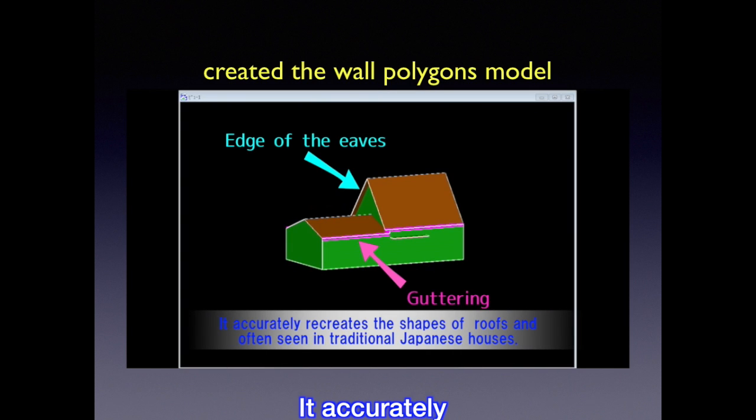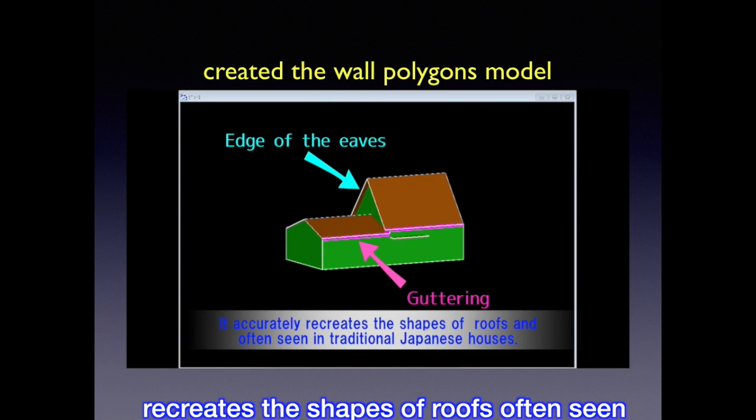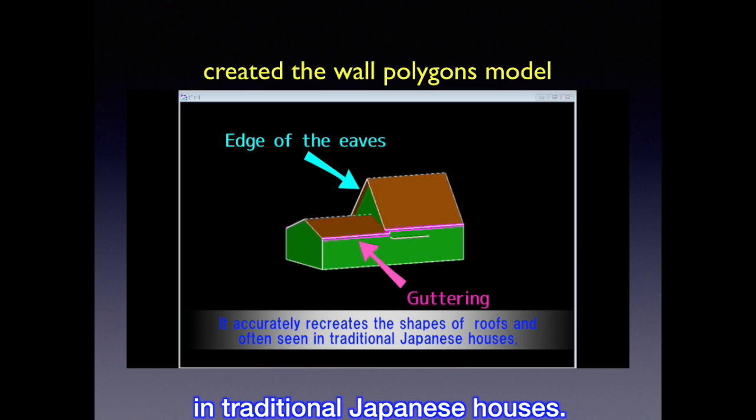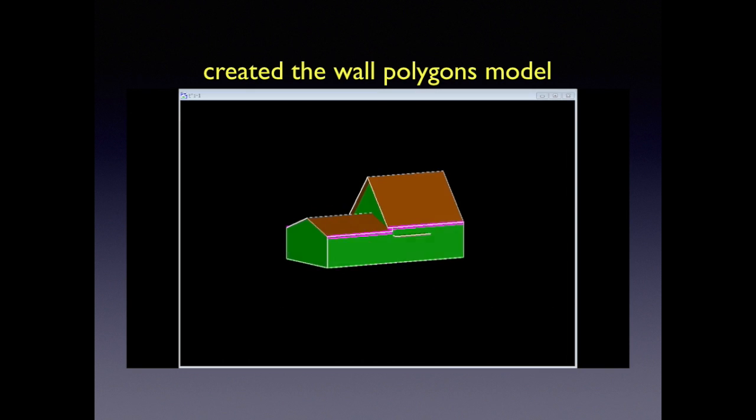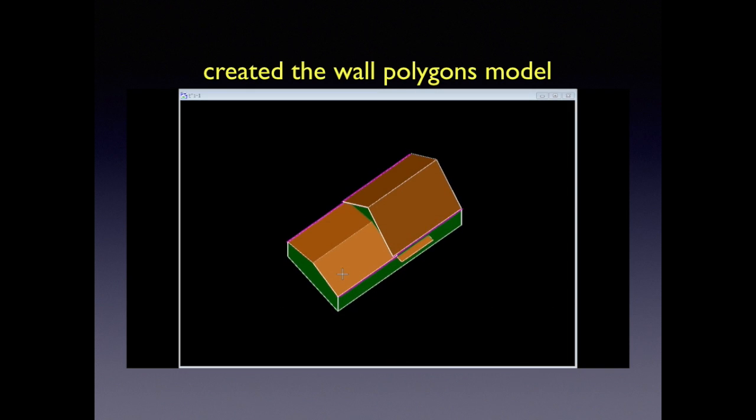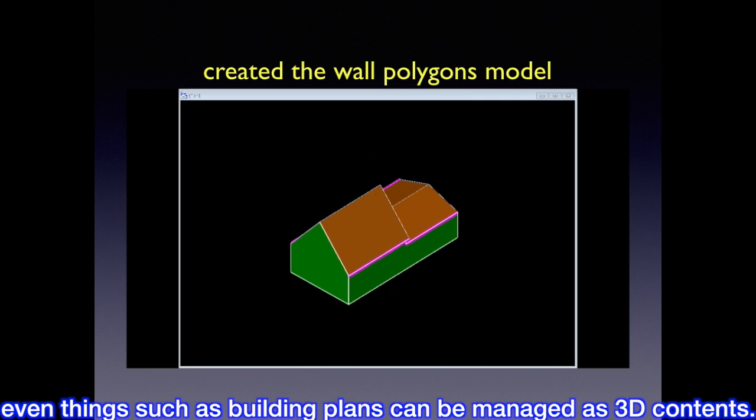It accurately recreates the shapes of roofs often seen in traditional Japanese houses. As you can see, even things such as building plans can be managed as 3D contents.